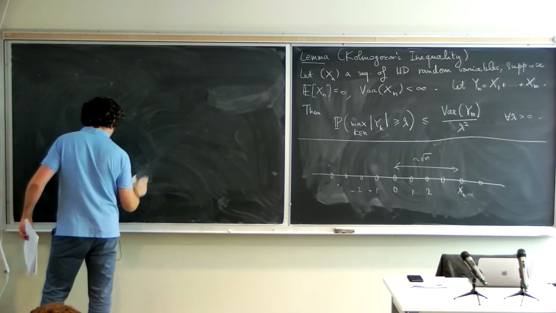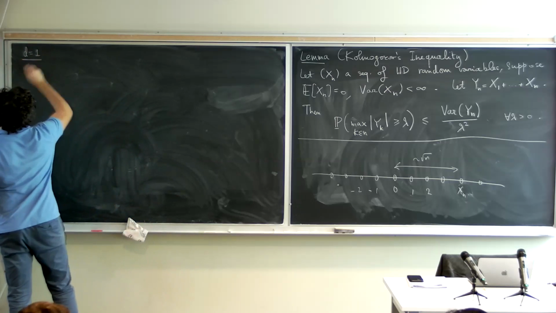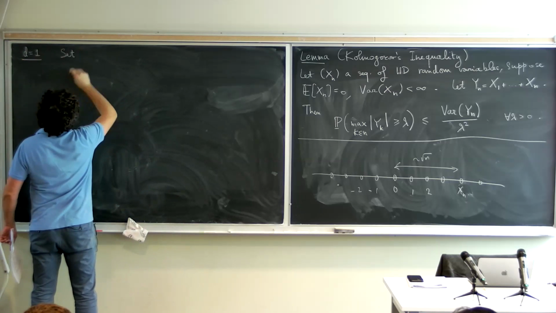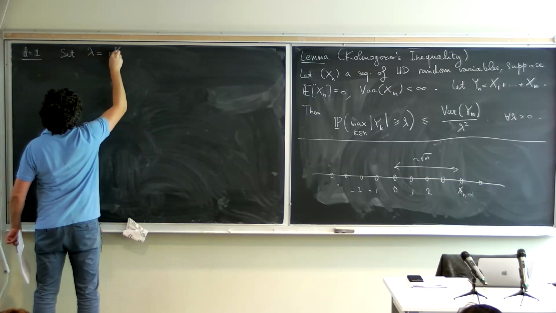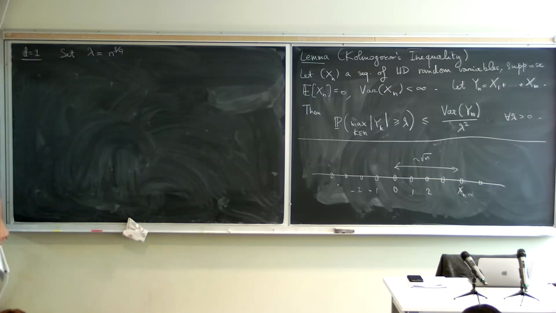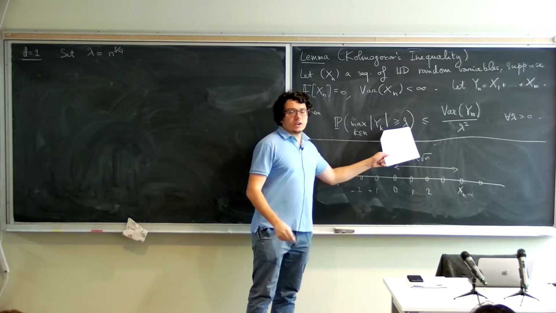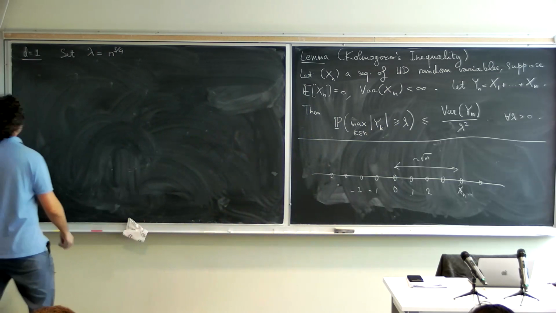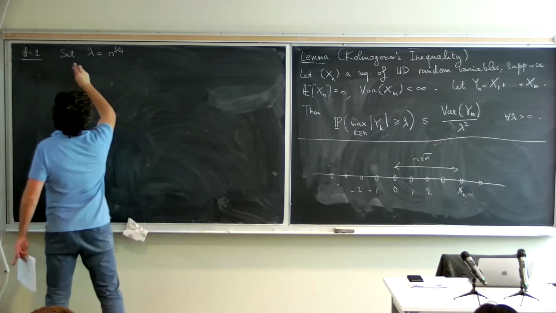So we set lambda equals n to the 3/4. Clearly, the probability that the max is bigger than n to the 3/4 is pretty small.